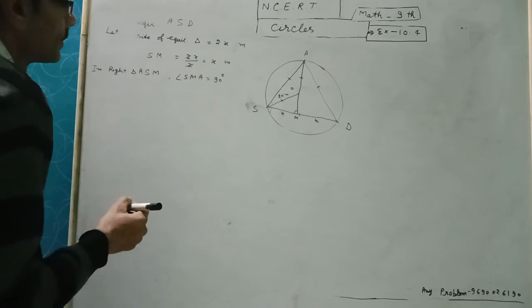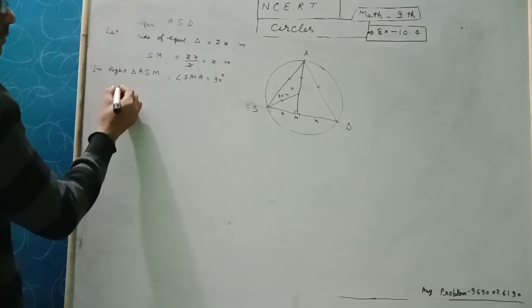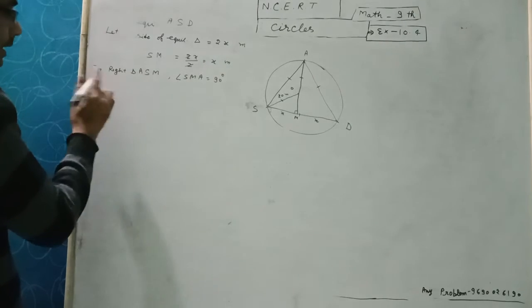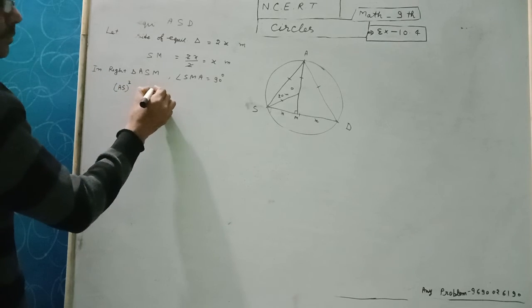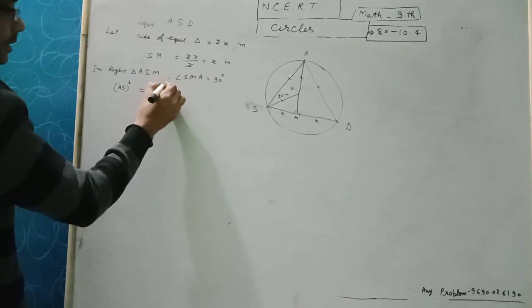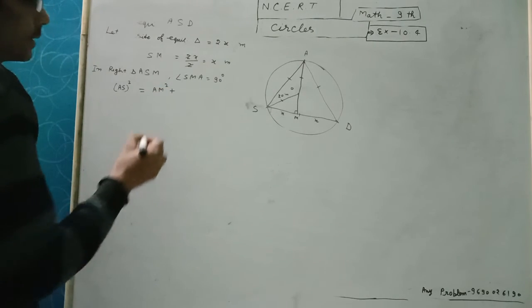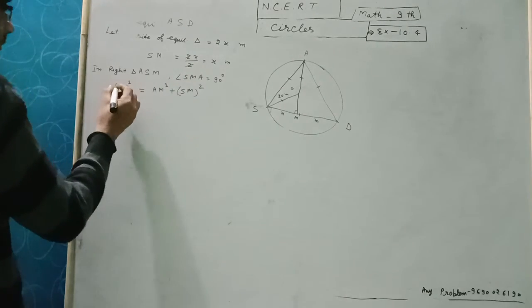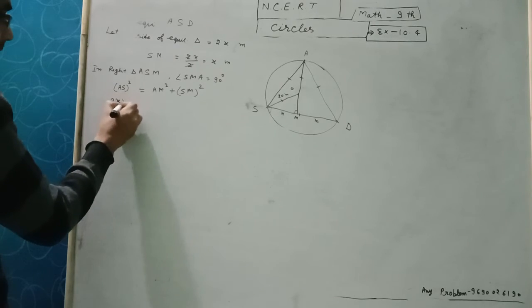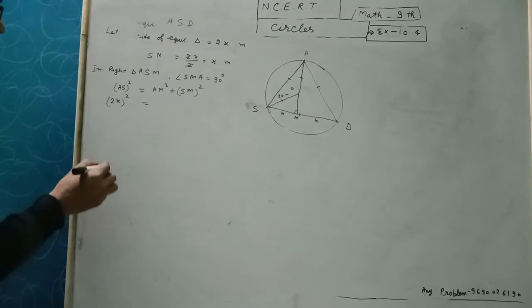AM is the height of the equilateral triangle. AS square, the hypotenuse, is AM square plus SM square. AS value is 2x, which we let as the side of the equilateral triangle.